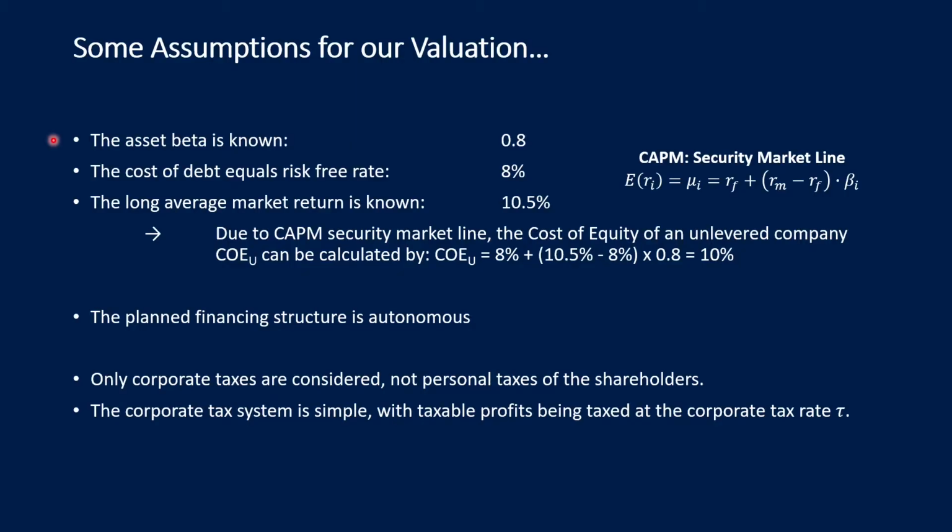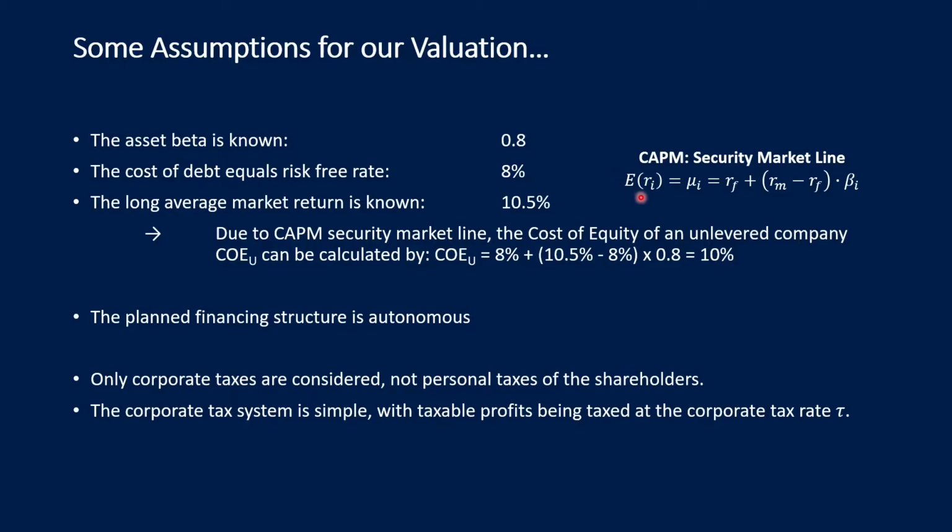Let us make a few assumptions for our valuation that we are going to perform. Usually, the cost of equity or the cost of capital will be derived using the capital asset pricing model and explicitly the security market line that is shown here on the right-hand side of the slide.